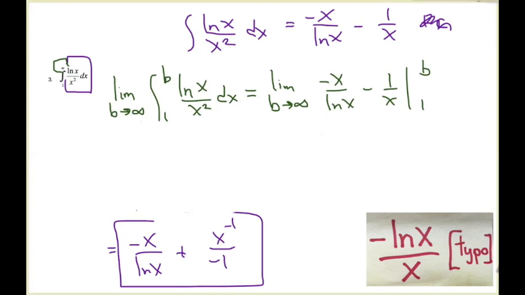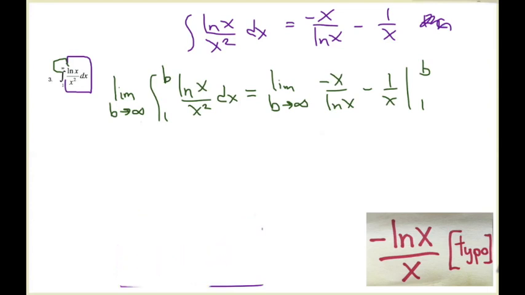There you go. Now all that's left is to evaluate this. Plug in b into the antiderivative, plug in 1 into the antiderivative, and you are going to find that there's one indeterminate form that shows up, and we have to deal with evaluating that.